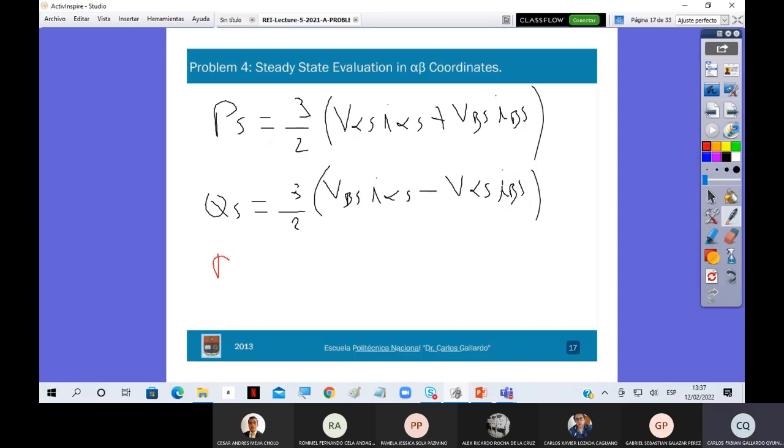Okay, so the rotor active power is 3/2. Okay, so I will have the alpha component, the current. So I have plus the beta component.